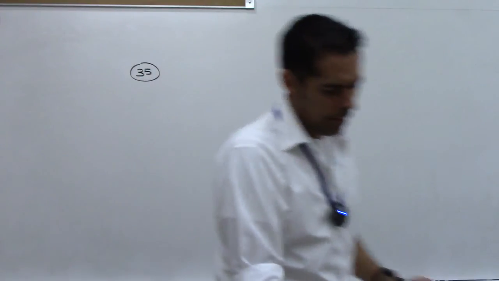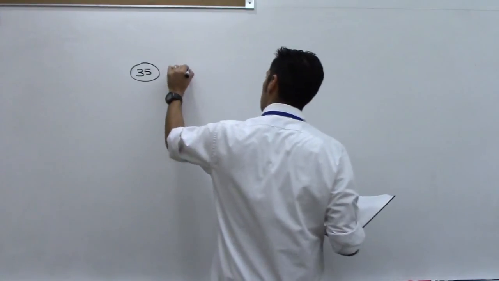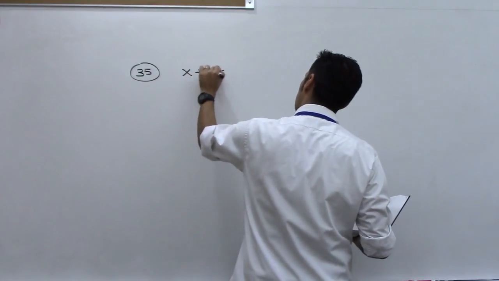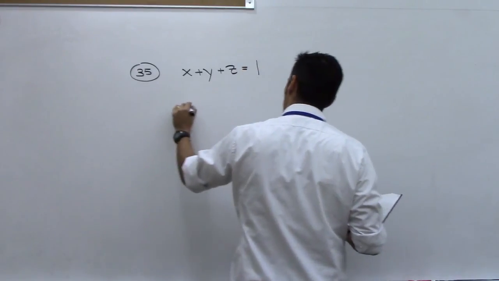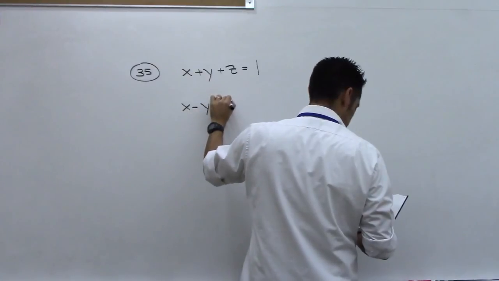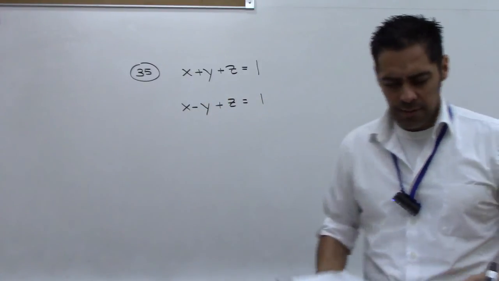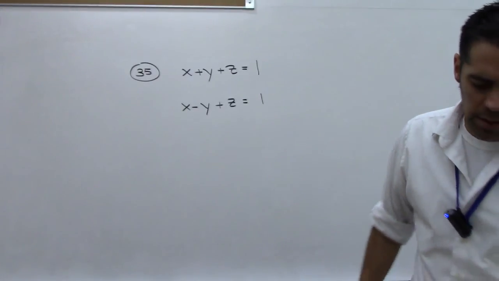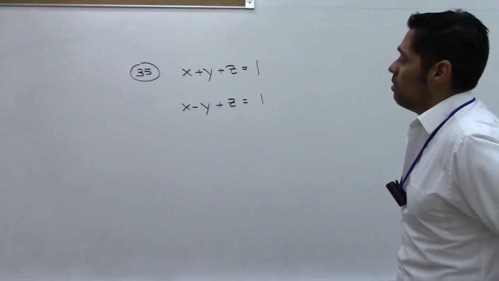You're given two planes. x plus y plus z equals 1. Given another plane, x minus y plus z equals 1. And what I'm trying to figure out is whether or not these planes are parallel, perpendicular, or neither.